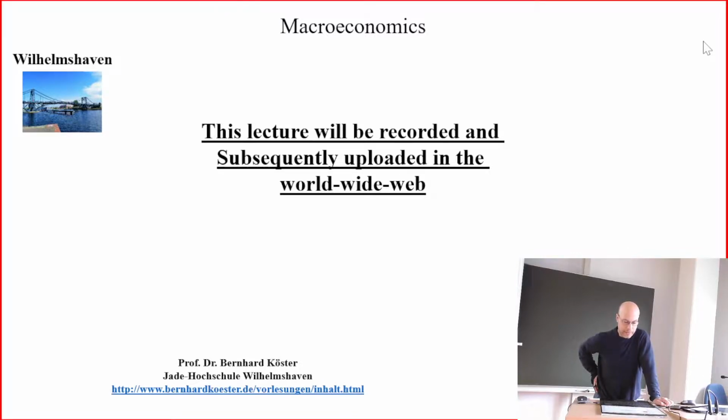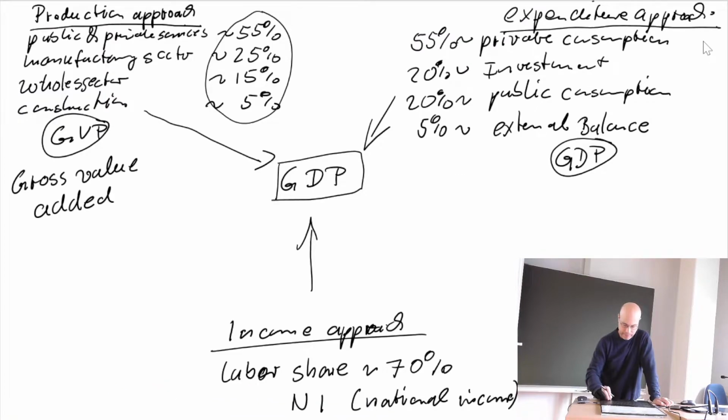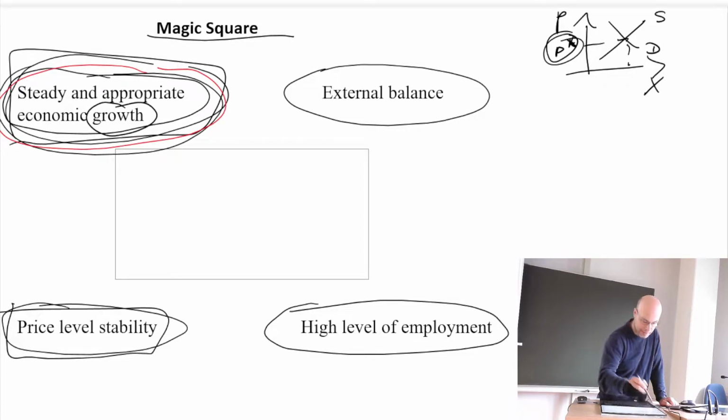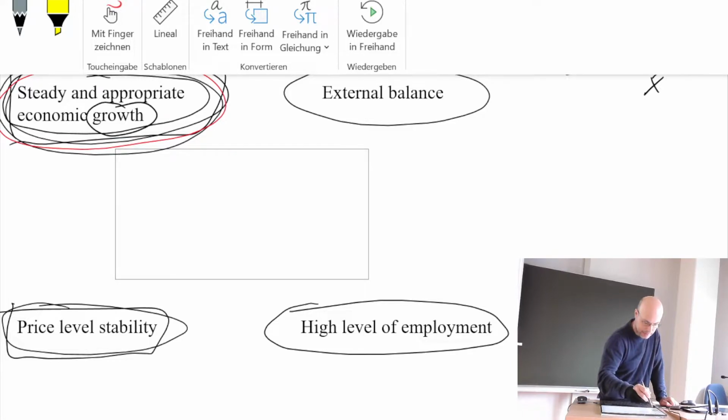We are in this course that we have started the last days to look at the main economic aims, and we started with a look at the aim steady and appropriate growth.